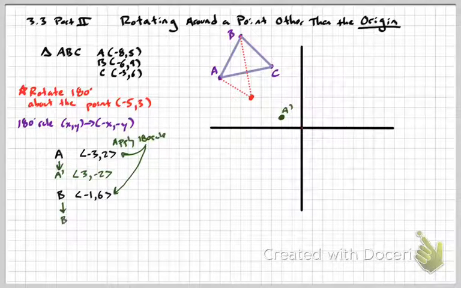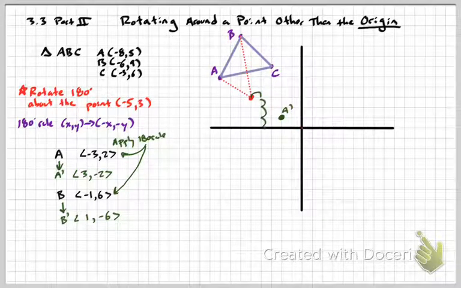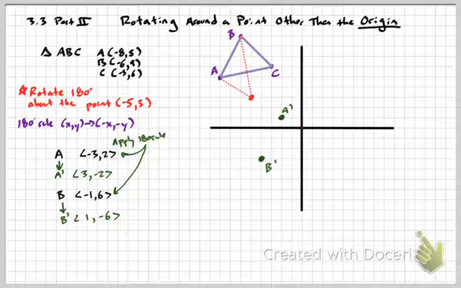So B prime is at 1, -6. So that means that's 1 to the right and 6 down. So 1, 1, 2, 3, 4, 5, 6. So that is where B prime should be. And again, we can check it by, we should be able to draw a straight line from B to B prime through our center of rotation.